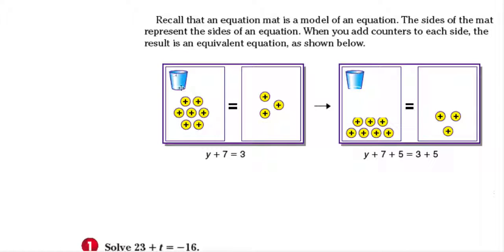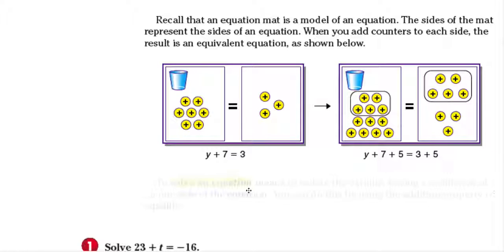You have y represented by the cup, and 7 positive counters equals 3 positive counters. So here, if we have y plus 7 plus 5, which means we add 5 to the left side, we also add 5 to the right side, and these represent equivalent equations.